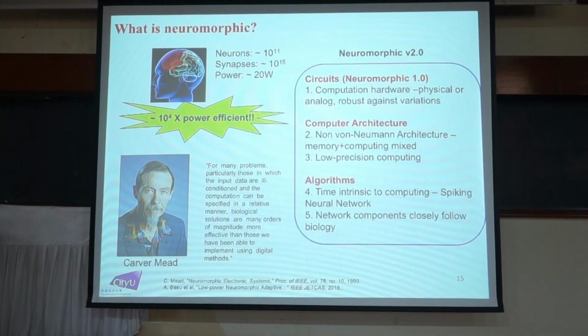If you talk on the algorithm side, spiking neural networks as opposed to normal ANNs, where in the case of SNNs, time is intrinsic to computing, computer science folks will call these algorithms neuromorphic and so on. Okay? So in this talk, when I talk about neuromorphic technologies, how can they help BMI, I will talk about some of these different examples of neuromorphic systems.